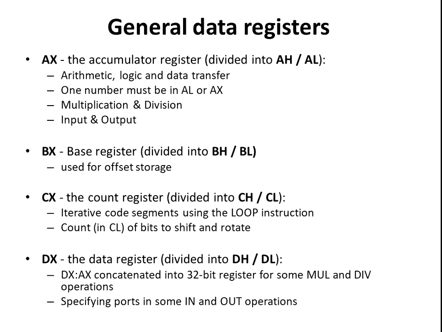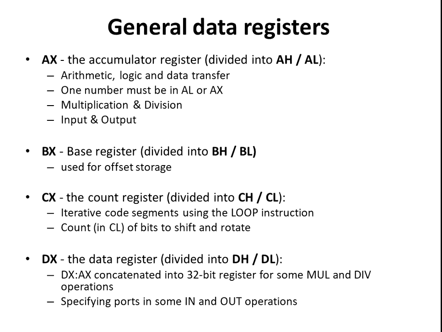Then next is the counter register or count register. It is also a 16-bit register. It is also divided into two 8-bit registers, CH and CL. This counter register is used in the case of string and loop instructions.